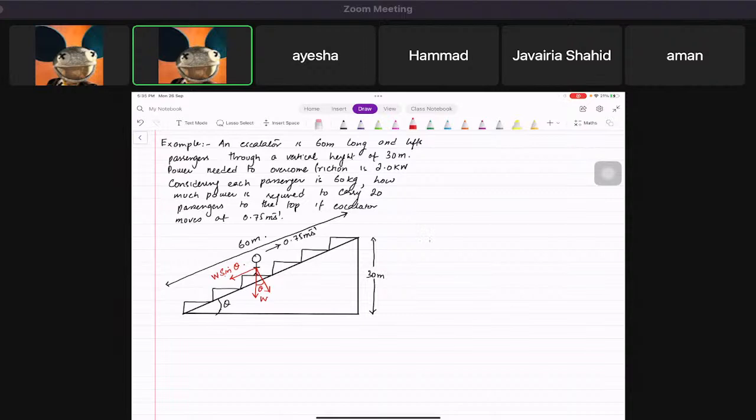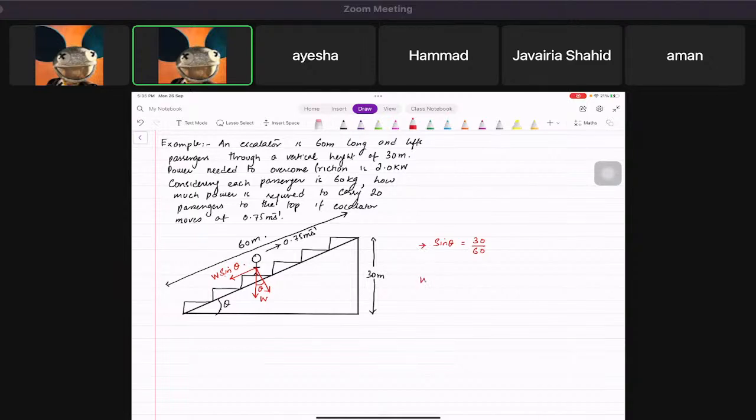Okay. Now let's try to do this here. So W, let's try to find sine theta first. Sine theta is generally perpendicular over hypotenuse. So the perpendicular in this is 30 and the hypotenuse is 60. I'm just going to keep it like that. Aisha, Mad, Javedi, Aman, is it clear? Yes. Now let's check this out.